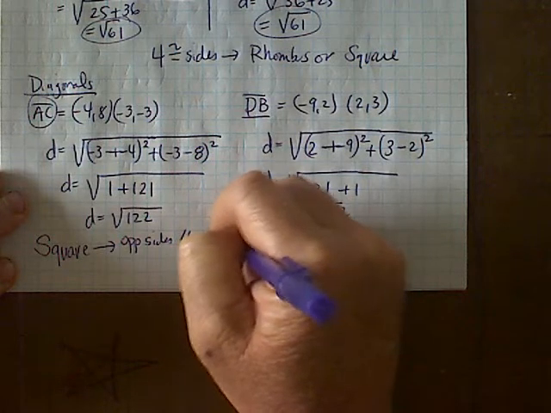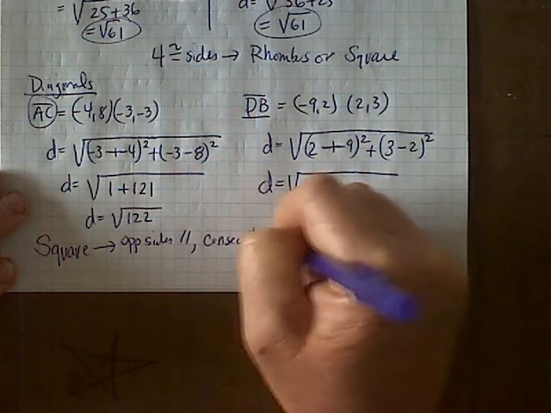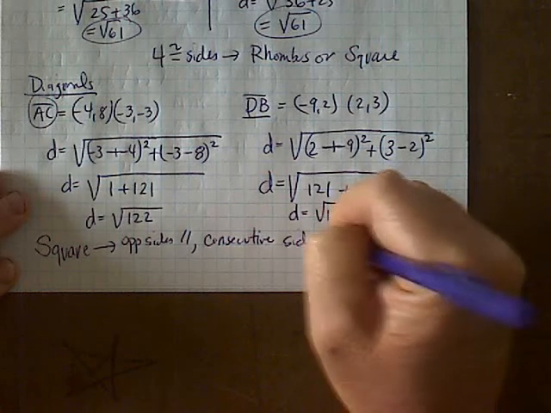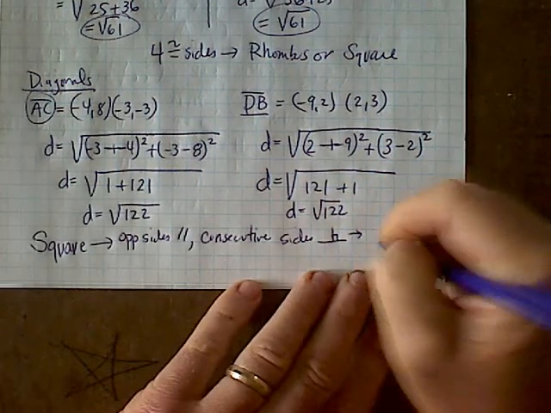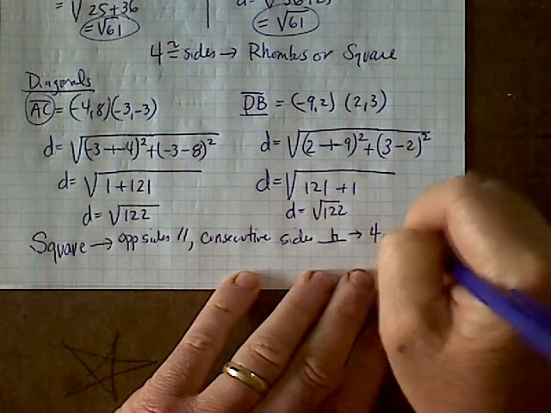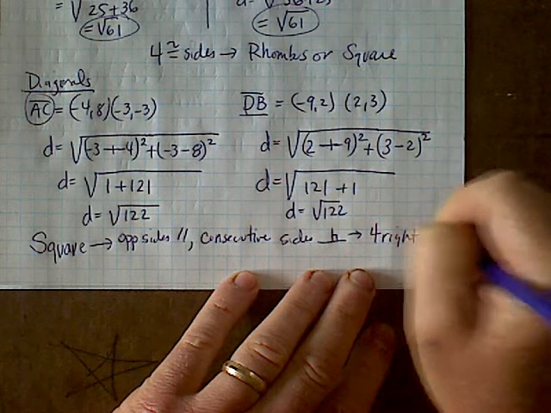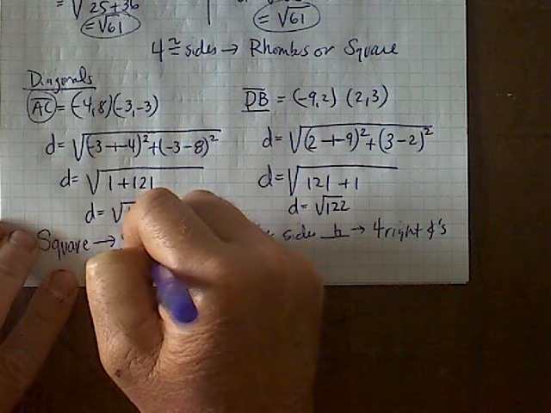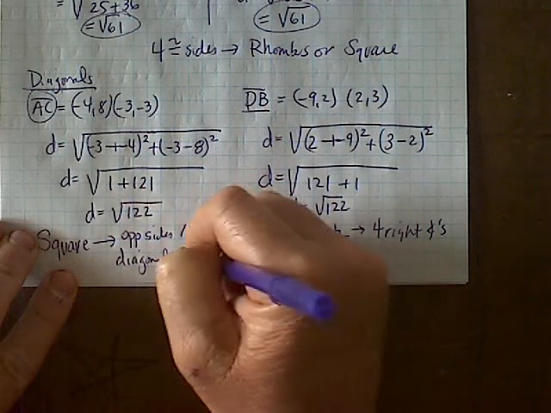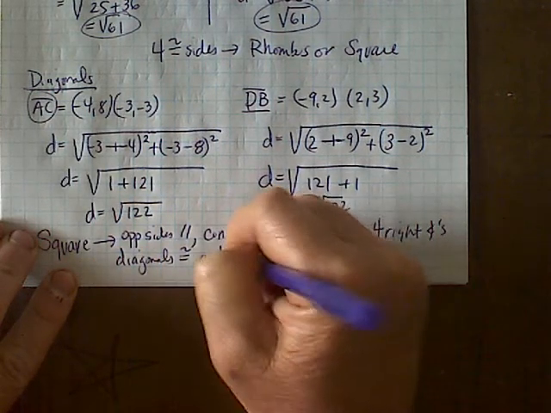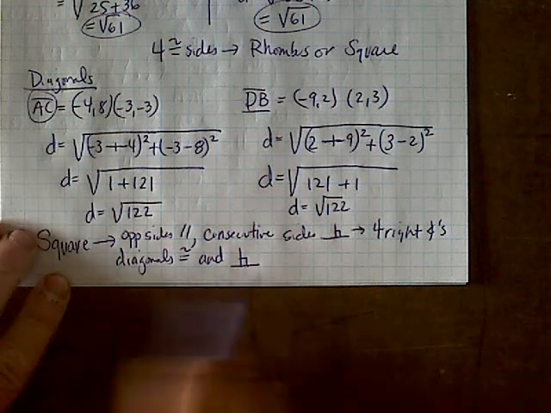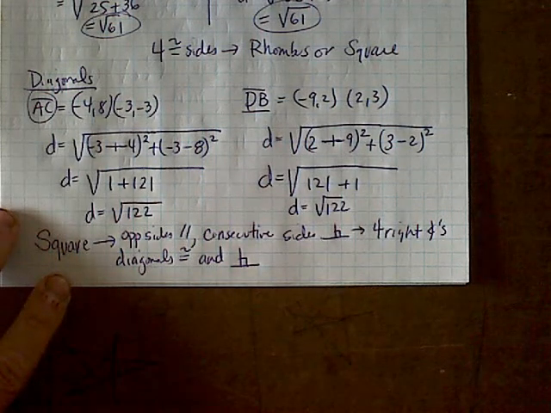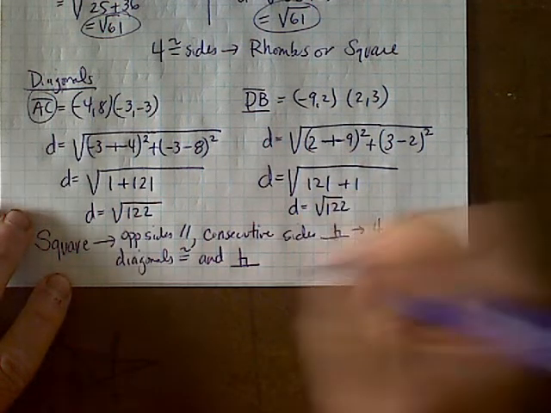Consecutive sides were perpendicular, which gave us 4 right angles. The diagonals were congruent and perpendicular. And all 4 sides were congruent.